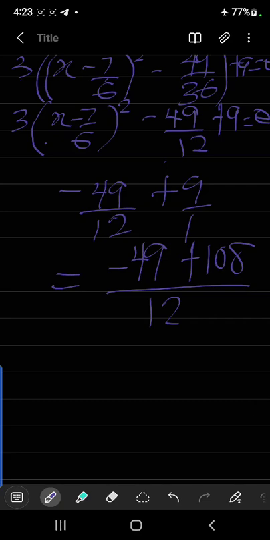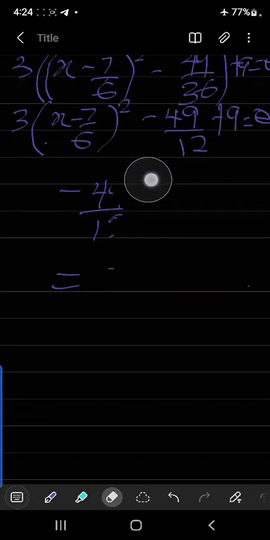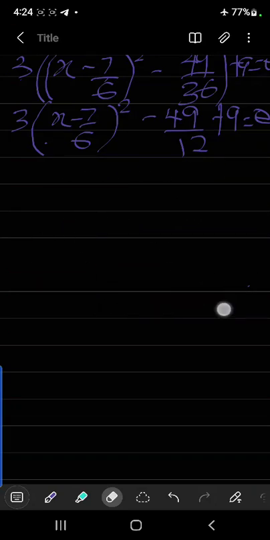That's going to be positive 59, so that's 59 over 12. Are we cool? Do you understand? So that's 59 over 12, that's the final thing we come out with. So we continue.